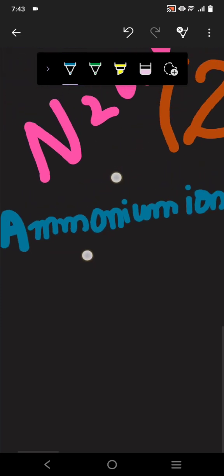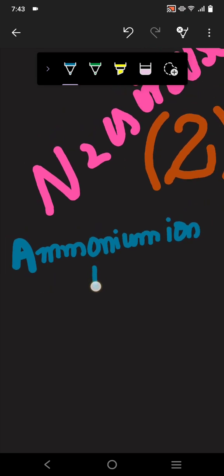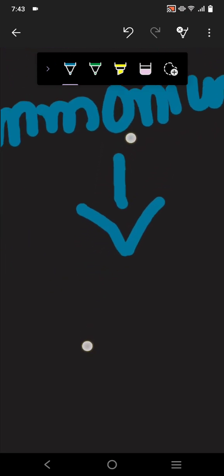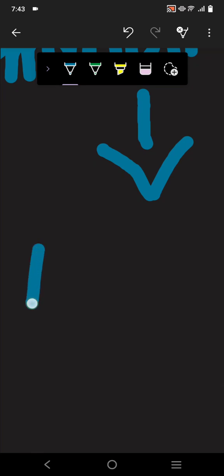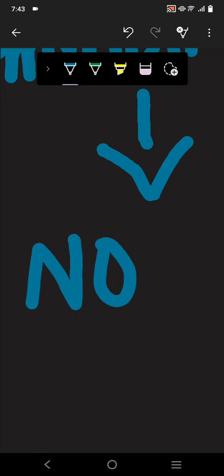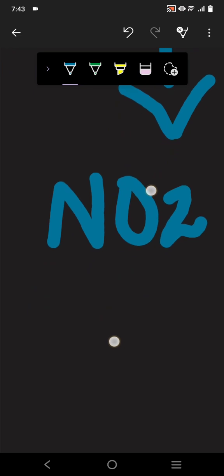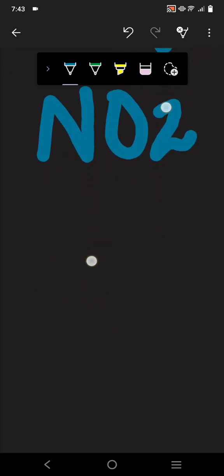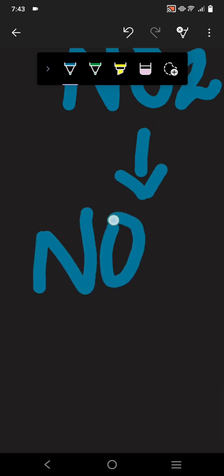Ammonium ions are converted into nitrite, that is NO2. But still it is not in the usable form. Then this nitrite is converted into nitrate, that is NO3. Now we can have it in a useful form.